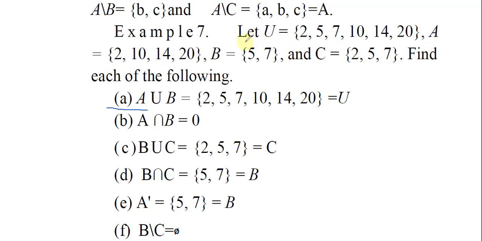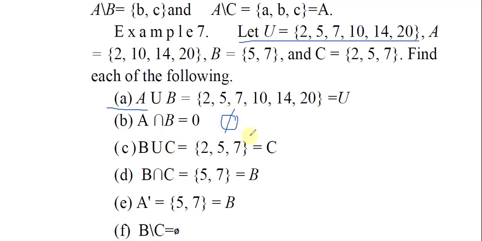This is U set. And the B1, A intersection with B, same elements. Do they have same elements? No, they don't have same element. That's why it is empty set.